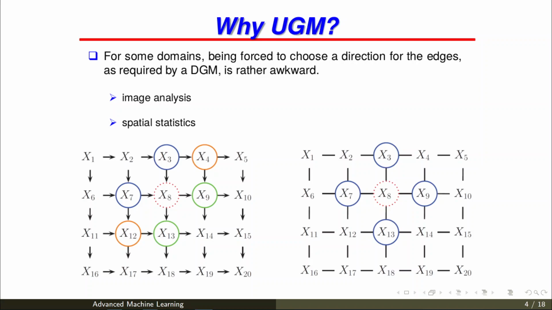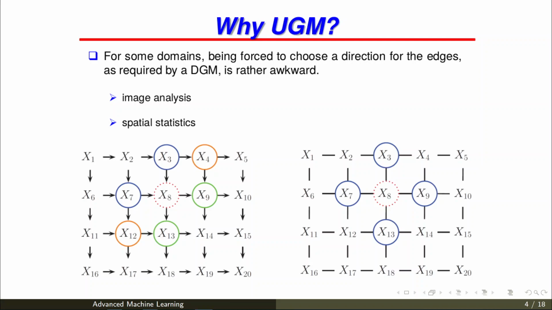Can you tell me, in the context of x8, the surrounding nodes of x8, except x2 and x14, what are they? They form the Markov blanket, right?